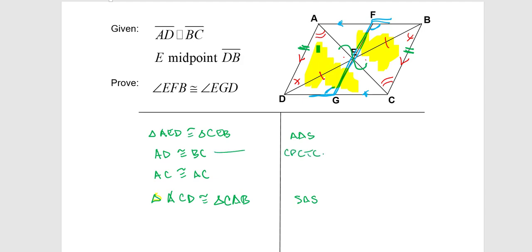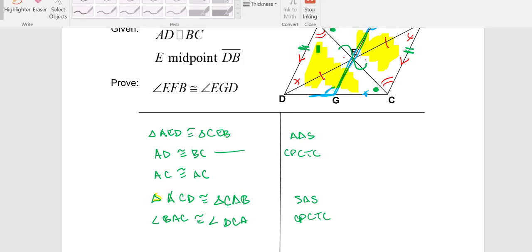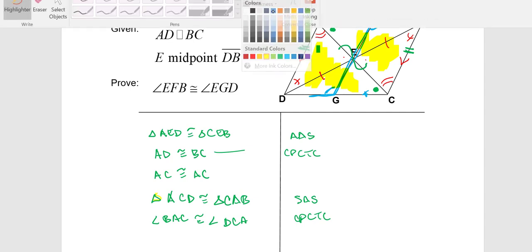Okay, and now that I have the side angle side there, it looks like I can do a number of things, but I definitely can do this congruent to this. So angle BAC is congruent to angle DCA using CPCTC. And now I can say that because those are going to be alternate interior angles, right?